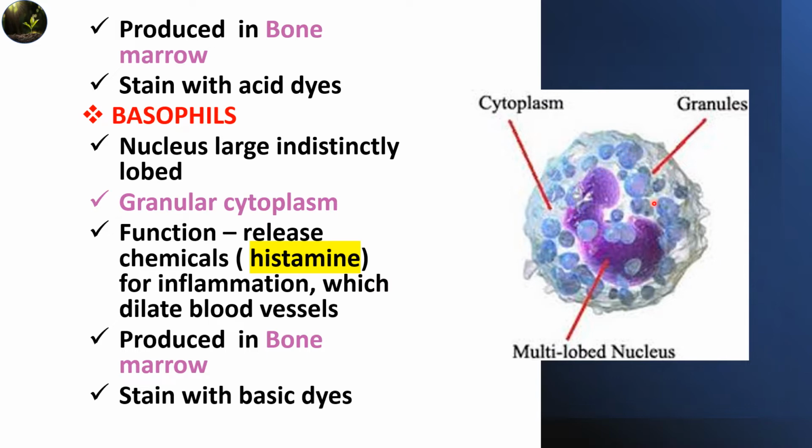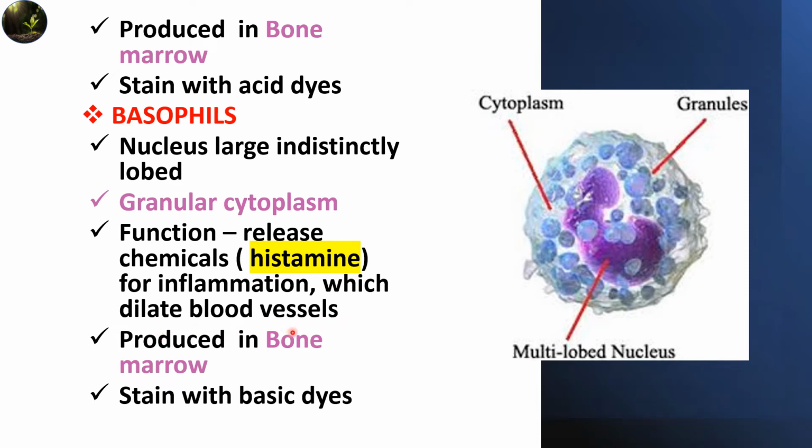Another feature is granular cytoplasm. Granules you can see in the cytoplasm. Function: it releases chemicals called histamine for inflammation. In any inflammation, which chemical will be produced? That is histamine.